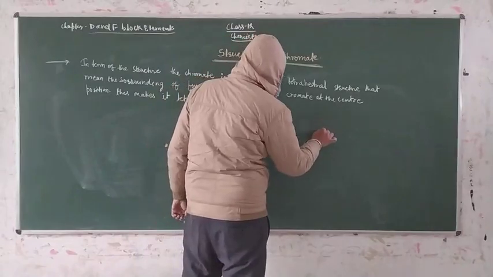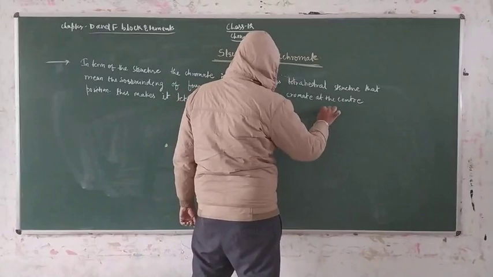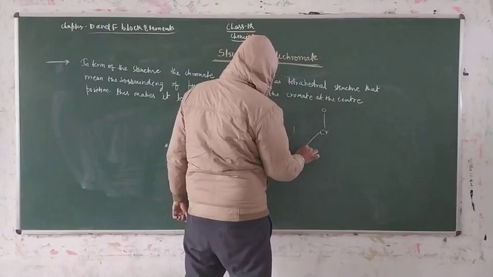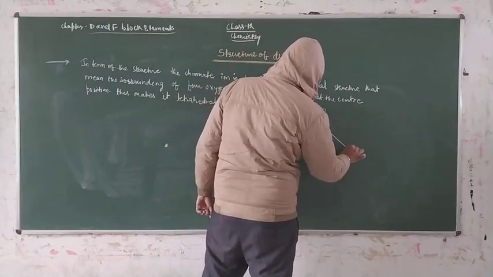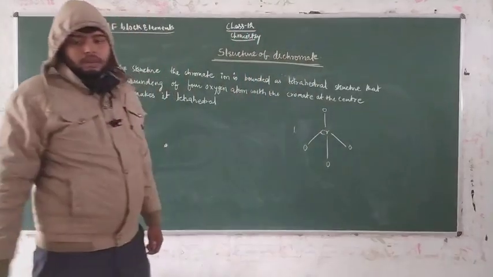This makes it tetrahedral. Then the orientation of this chromate is arranged with the formation of a structure like this. This is your chromium here, and this is the first oxygen, second oxygen, this is your third oxygen, and this is your fourth oxygen.